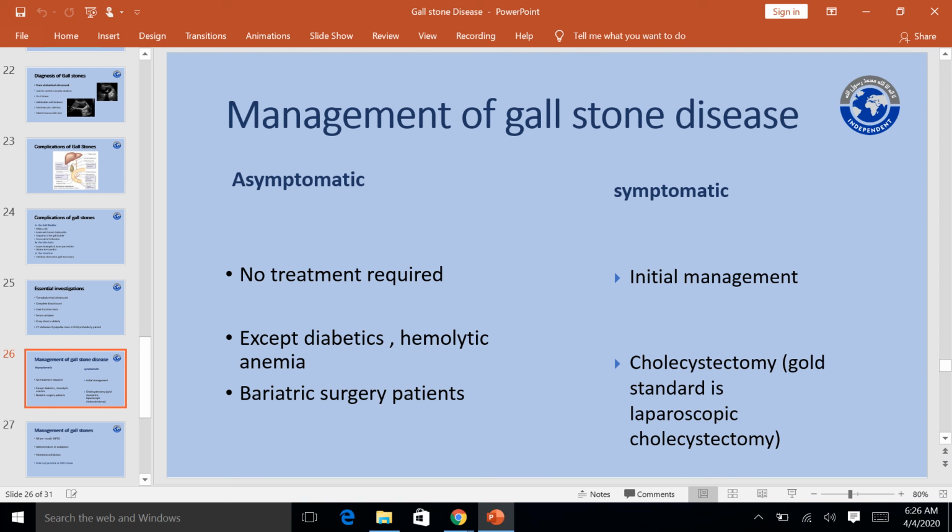In asymptomatic patients, no treatment is required, except there are exceptions when the patient is diabetic, suffers from hemolytic anemia, or is having bariatric surgery. They have their gallbladder removed because after bariatric surgery there is a high incidence of formation of gallstones.